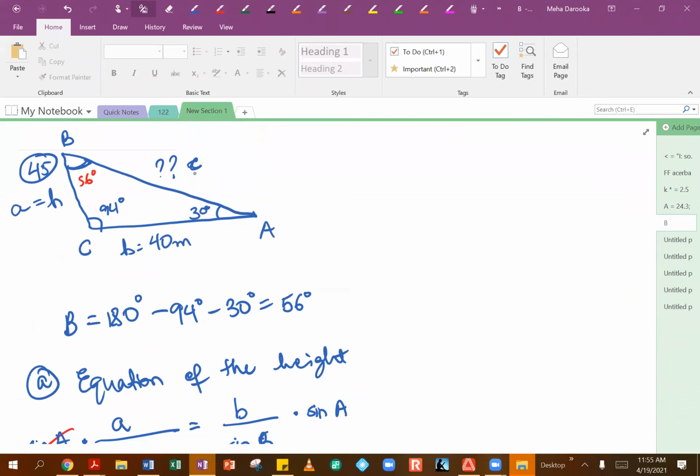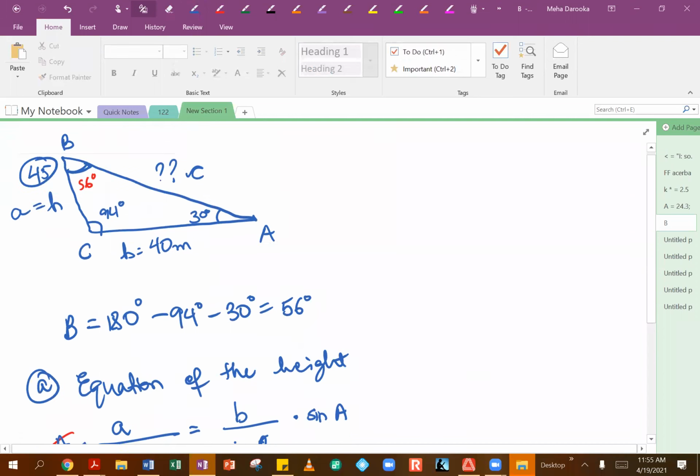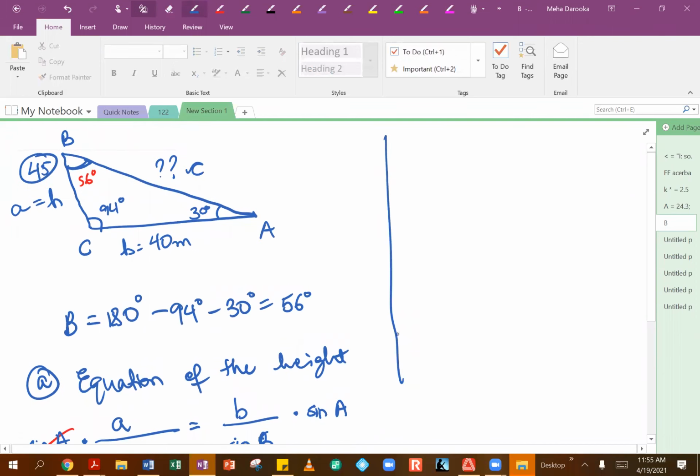Now, if you had to find that missing side C, what would you use? What would your equation end up looking like for this side C? C equals B over sine of B times sine of C. Very good. Yeah.